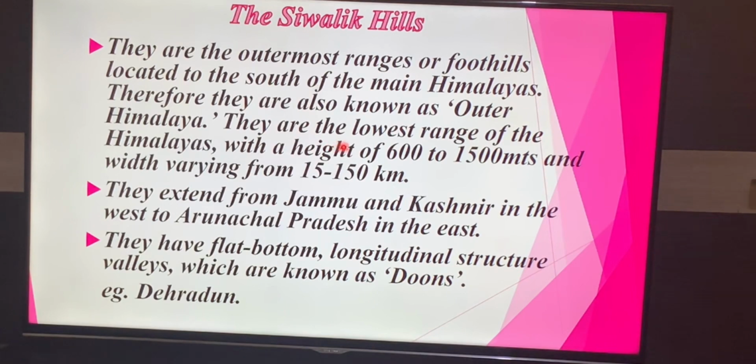They are the lowest range of the Himalaya with a height of 600 to 1500 meters and width varying from 15 to 150 kilometers. They extend from Jammu and Kashmir in the west to Arunachal Pradesh in the east.